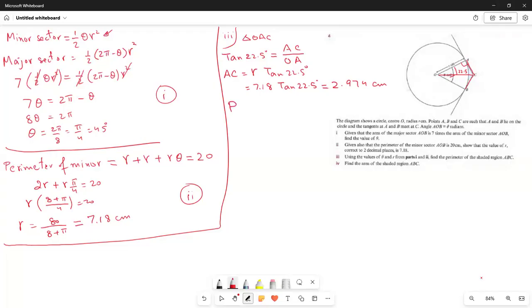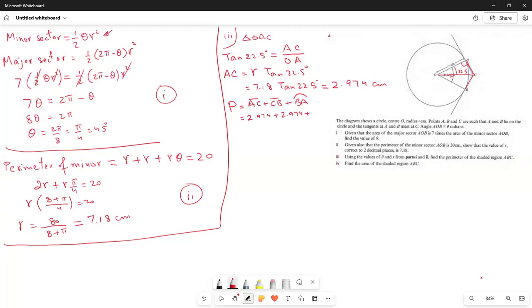So this perimeter is AC plus CB plus BA. This is a straight line, this is a straight line, and this is this part of the circle. AC we just calculated, 2.974, plus CB is also 2.974, plus BA, the curve.